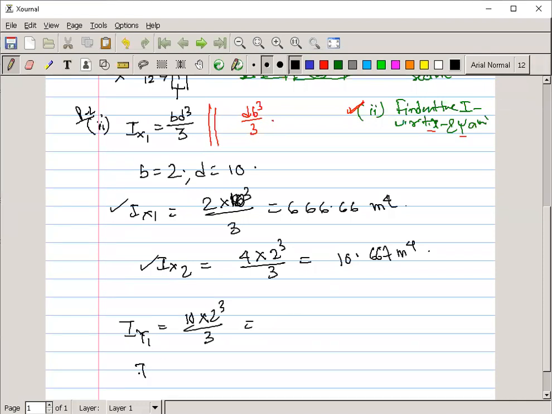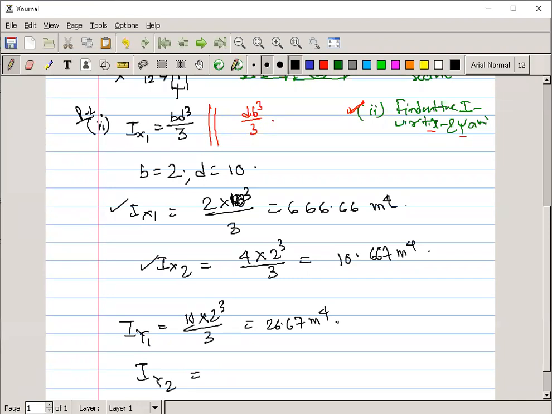How much is it? I of y for section 2. 26.67, sir. 26.67. Very good.